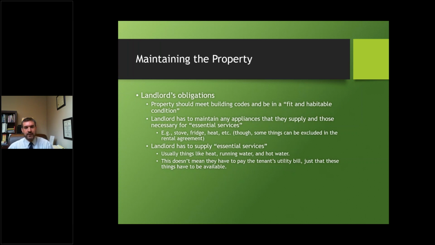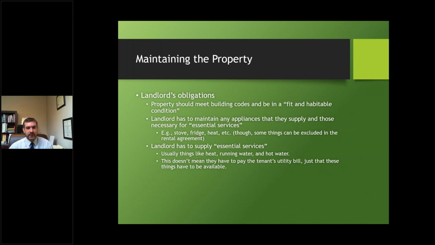If the landlord does not maintain those items, and you've given the landlord written notice and a sufficient amount of time to make the repairs, or at least start on the repairs, then you can withhold only as much rent as is necessary to obtain the essential service. Now that can get very tricky, and so as a general rule, we advise our clients just to not withhold rent.